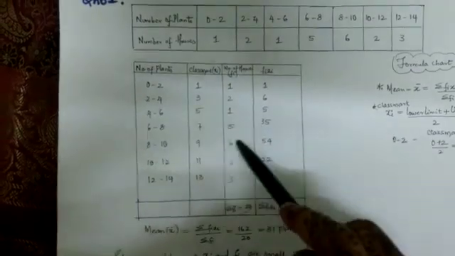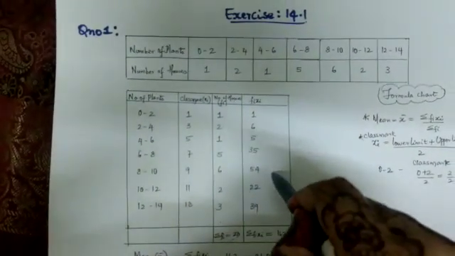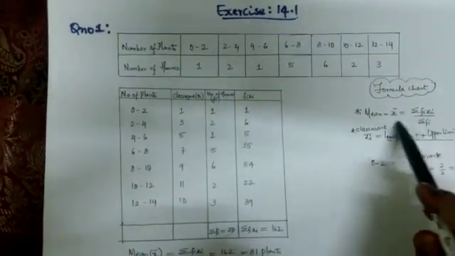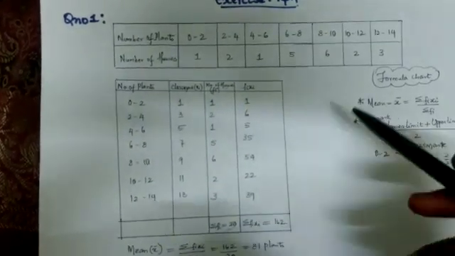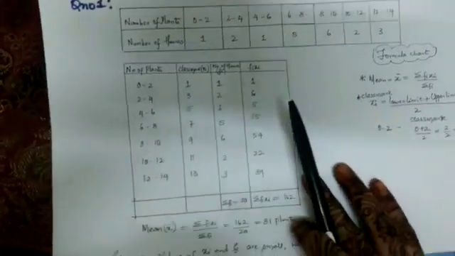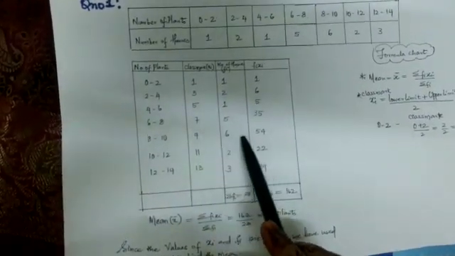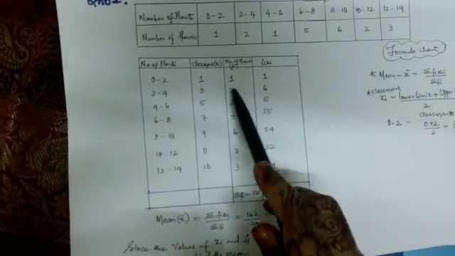Now in the same question, they also asked why you have used this particular method only. Here, as we discussed in the last video, this is nothing but your direct method. Now why have we not used other methods? The reason is that the values of xi and fi are small. Small values means values which are easy in calculation, not negative numbers.